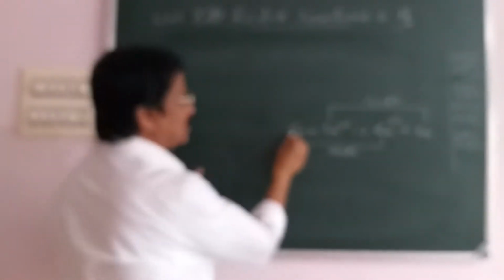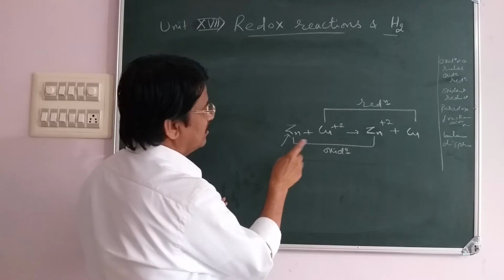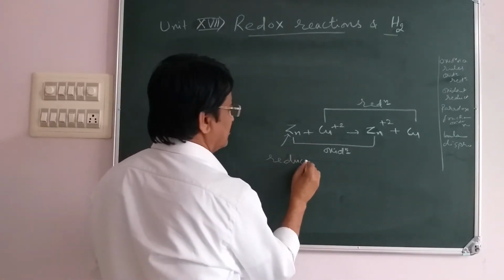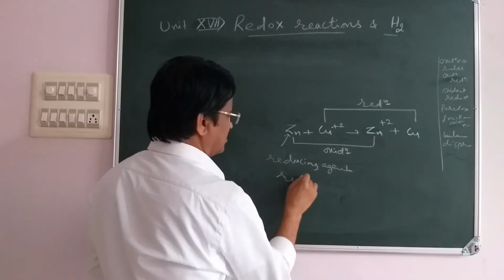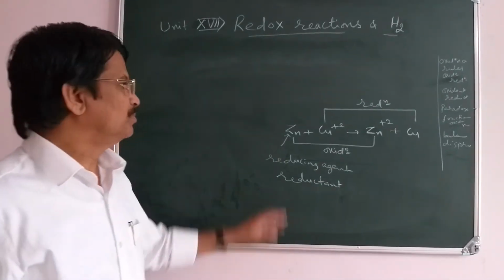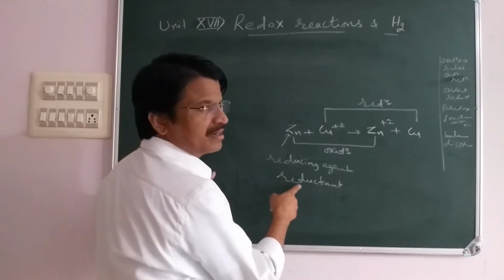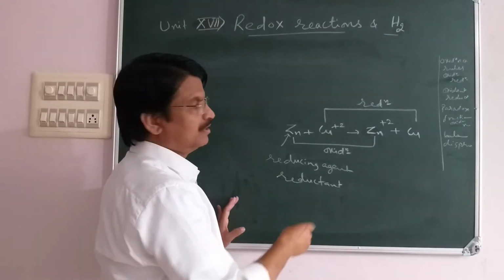A species which undergoes oxidation is called reducing agent, or reductant. It reduces copper ion to copper.